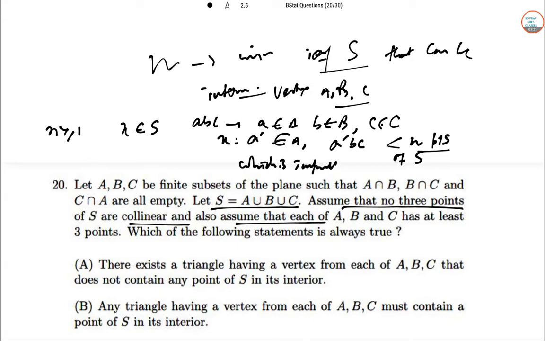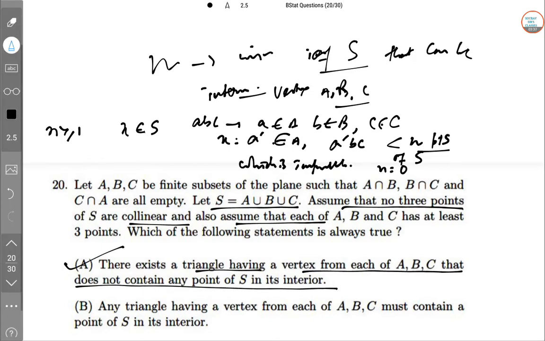Listen to this part properly again. So if A prime BC has less than n points of S in its interior, which is impossible, so n equal to 0. So there exists a triangle having a vertex from each of A, B, C that does not contain any point of S in its interior. So 20 is done.